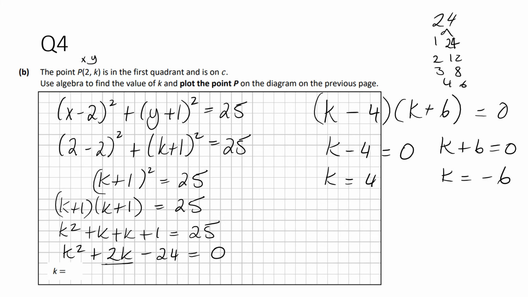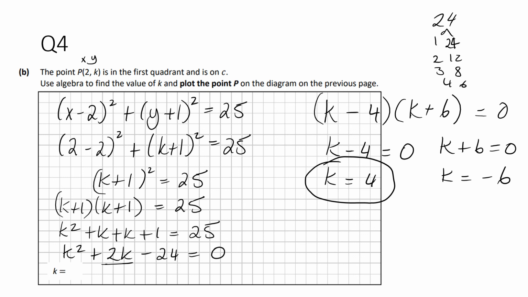They gave you a point that was in the first quadrant. 4 is in the first quadrant, whereas minus 6 isn't. It would be in the second quadrant. So k is equal to 4 is the value of interest. And if it's on the circle, then you just go to 4, and you would see that around 3.5 would fit it.